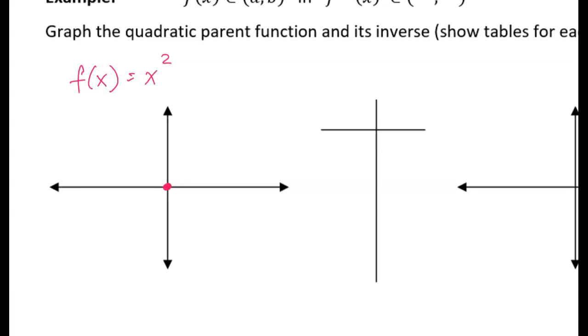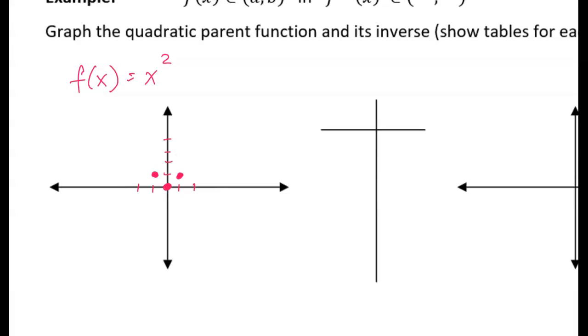From here, we know our parent function hasn't been shifted, hasn't been stretched or compressed or reflected. Where are the next perfect points? Yes, up 1 over 1, which is at 1, 1, and also the mirror image of that, negative 1, 1. Let's do one more set. If my x value is 2, what's my y value?